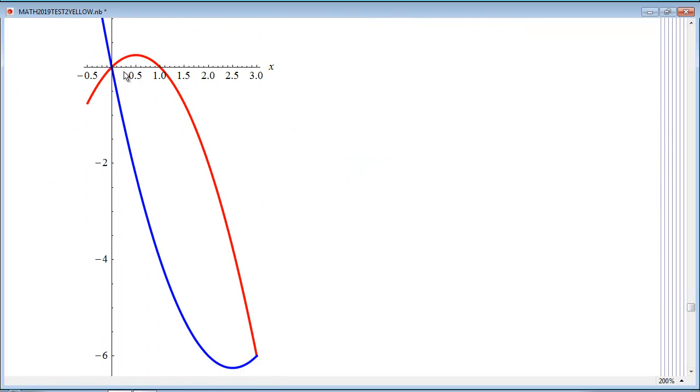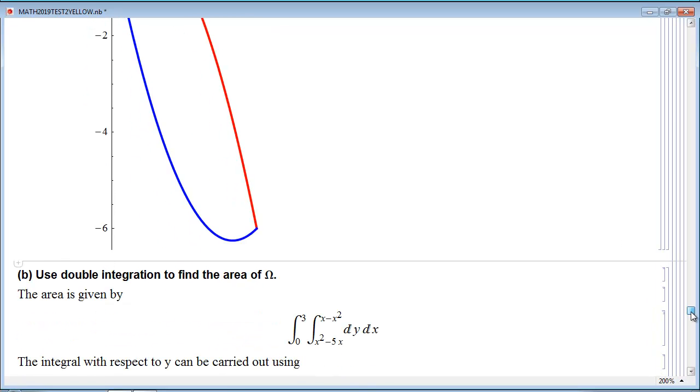So the red curve is the upper curve and the blue curve is the lower. And the way to find the area is to write down the double integral.